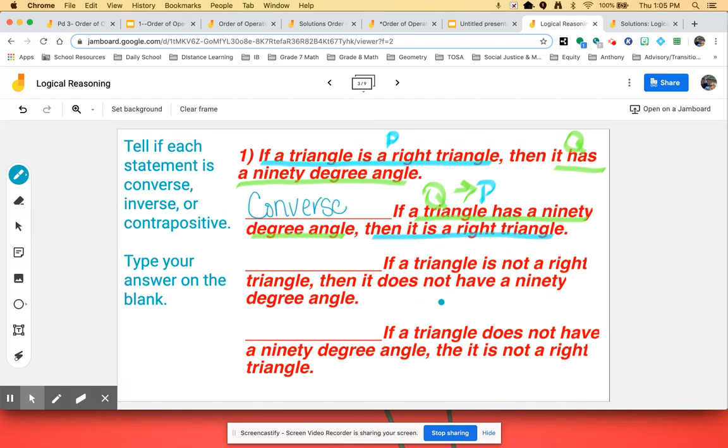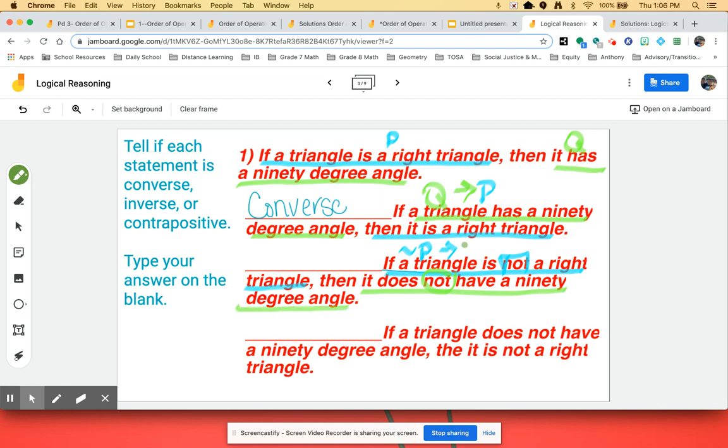Our second problem here, if a triangle is not a right triangle. Okay, so the right triangle part was my P. So if a triangle is not a right triangle, and remember that's got that not there. So this one is not P, then it does not have a 90-degree angle.